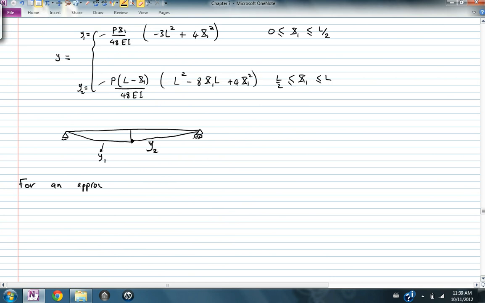For an approximate solution, I don't care about discontinuities.